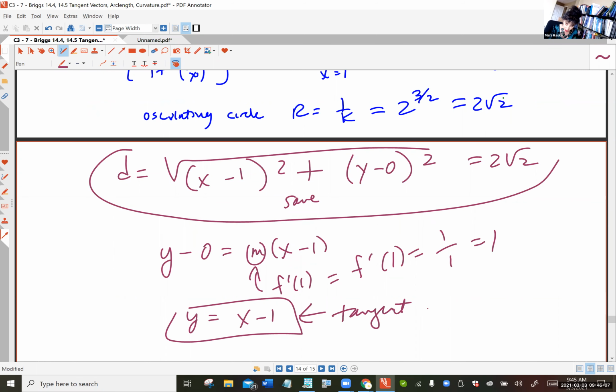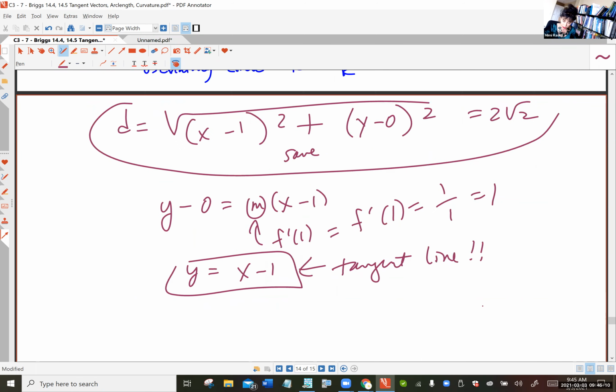So how do you get a line that's perpendicular? Do you guys remember that lines that are perpendicular have slopes that, when you multiply the slope of your line with the other slope, you get -1? So this guy's slope is 1, so the slope of a perpendicular line will be -1.